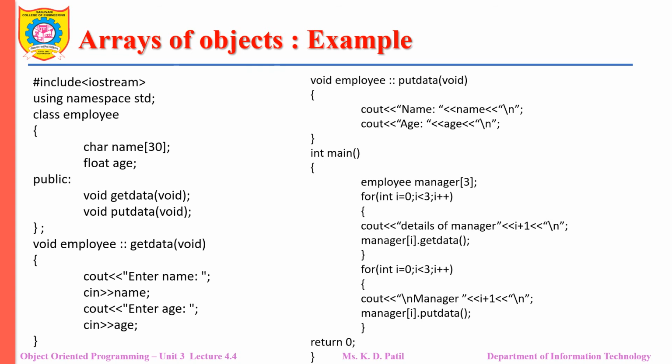So if you observe here, manager is an array of an object which consists of 3 elements: manager 0, manager 1 and manager 2, and each element has the data members as name and age.